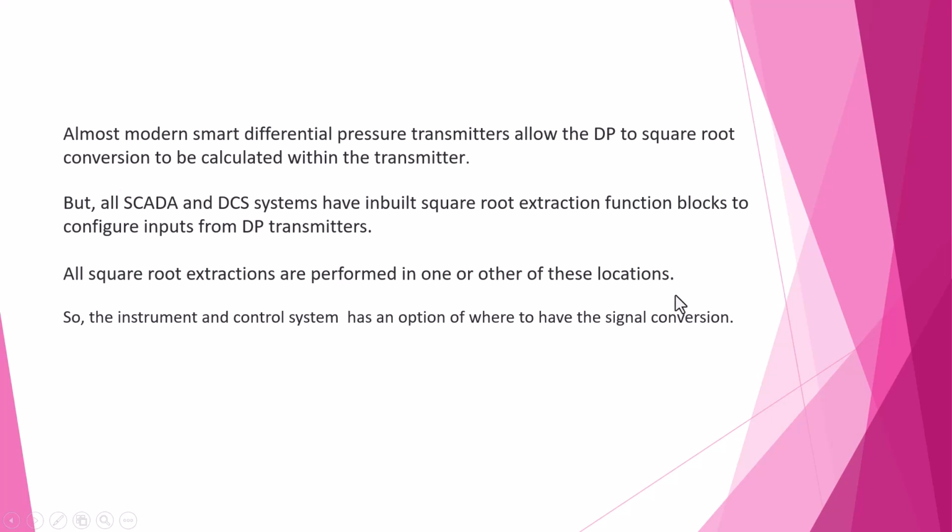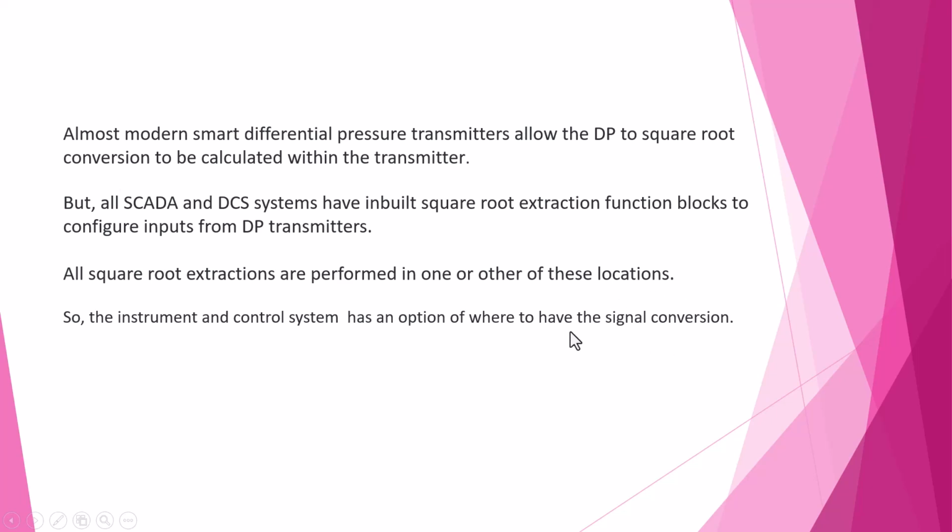That means if the transmitter doesn't have the square root calculation, you do it in just one place: maybe the DCS, maybe SCADA, or sometimes the controller. The instrumentation and control system have an option for where to do the signal conversion.